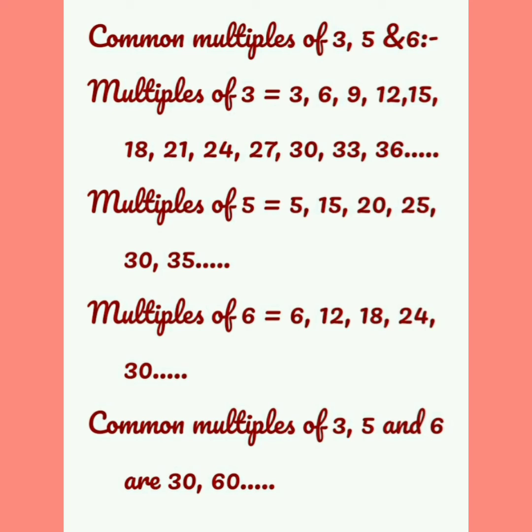Multiples of 6 are 6, 12, 18, 24, 30, 36, 42, and so on. Now, in these three lists, we see common multiples of 3, 5 and 6 are 30, 60, etc.